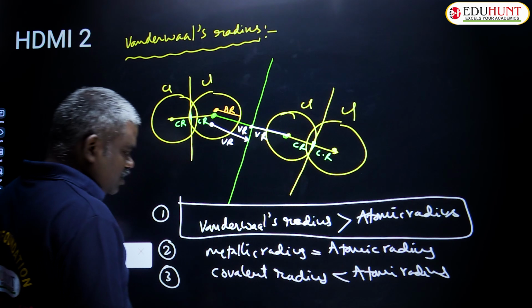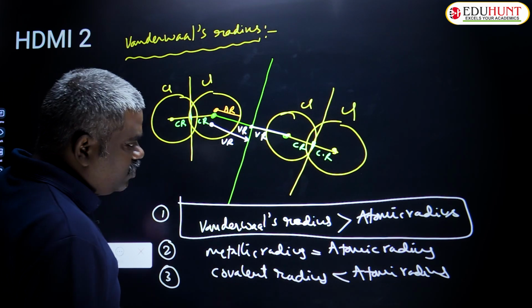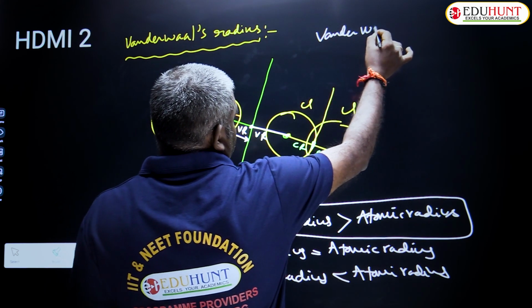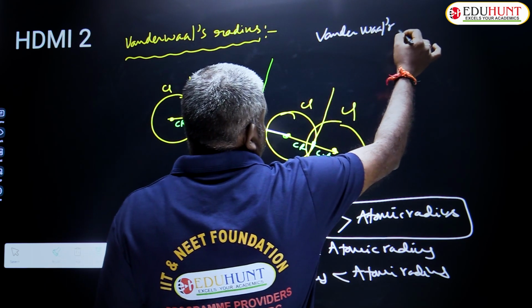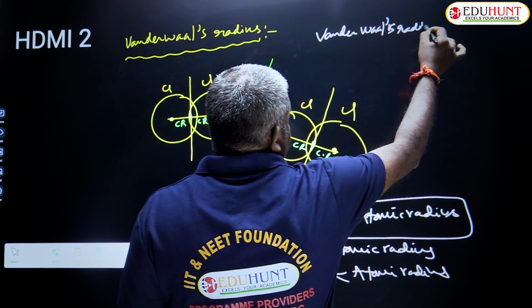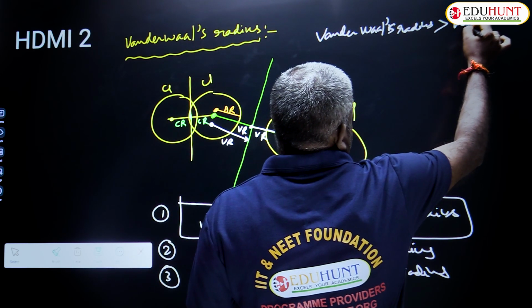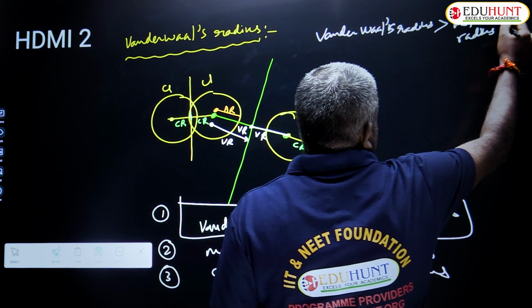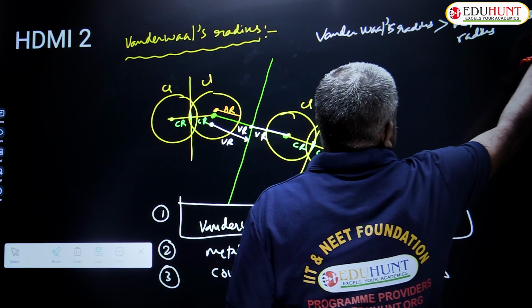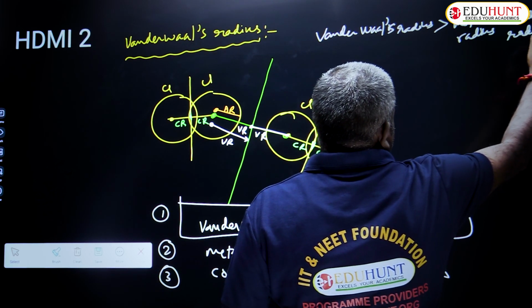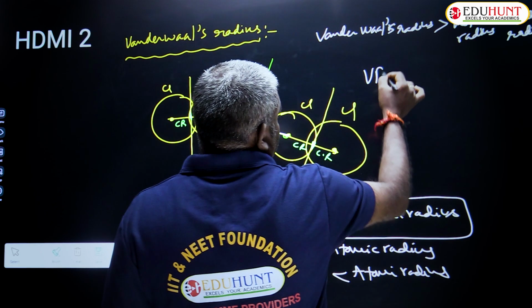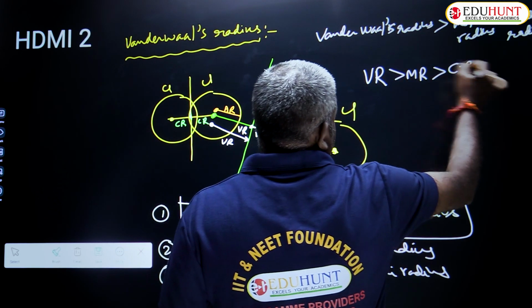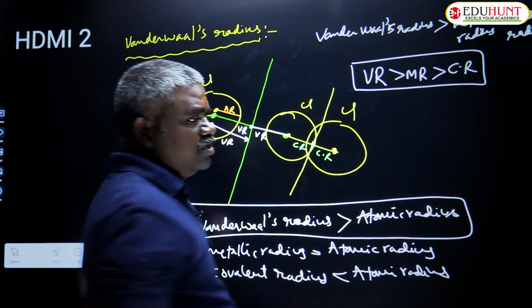Based on these three, van der Waals radius is always more. Van der Waals radius is always greater than metallic radius. Metallic radius is always greater than covalent radius. See, the least radius is covalent radius. According to order, van der Waals radius is greater than metallic radius is greater than covalent radius. This order is important. Understood?